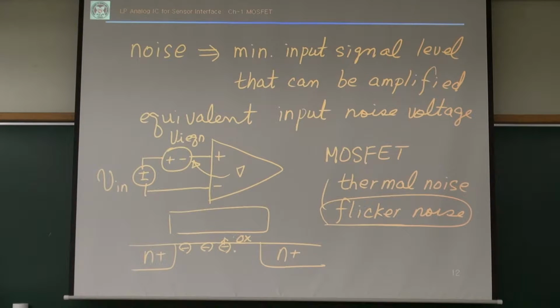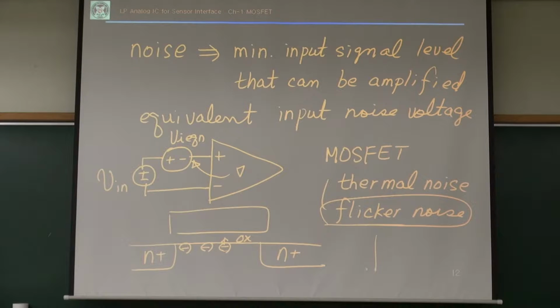There are traps with a very large time constant and many traps with a small time constant. A trap captures an electron passing by and releases it after some time constant.